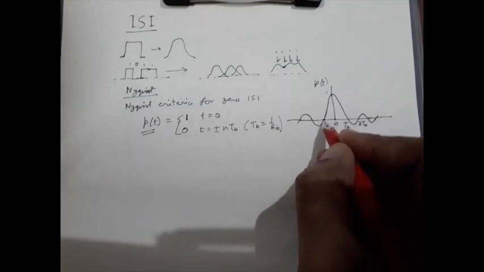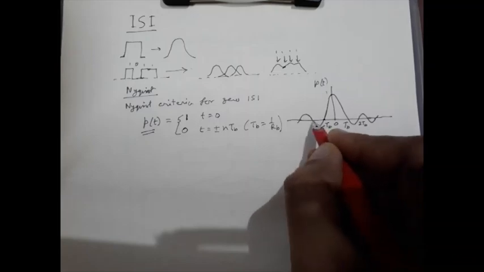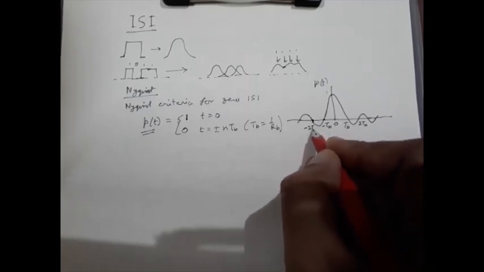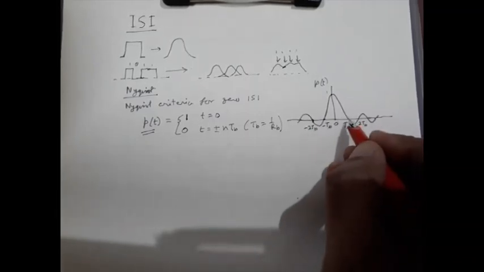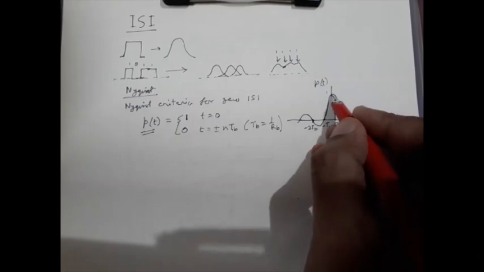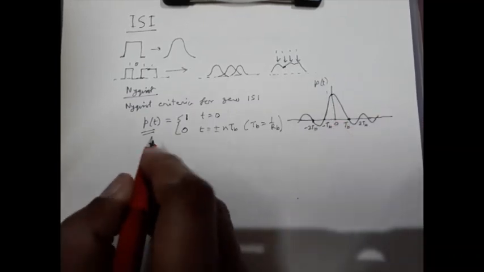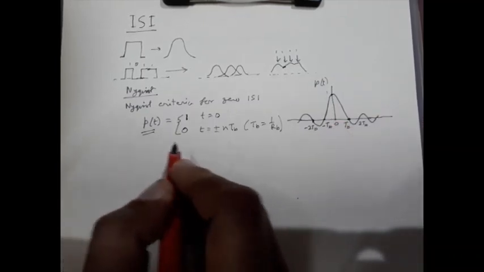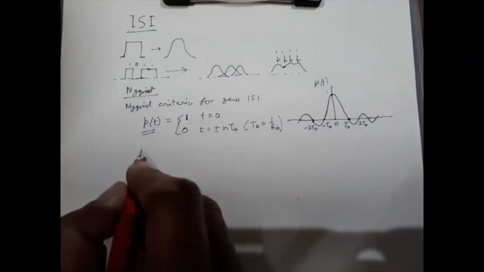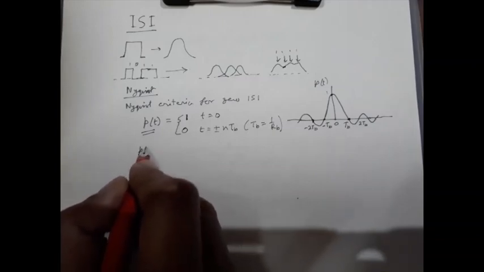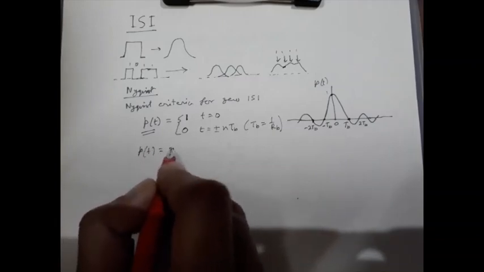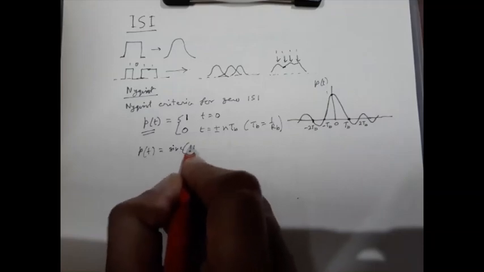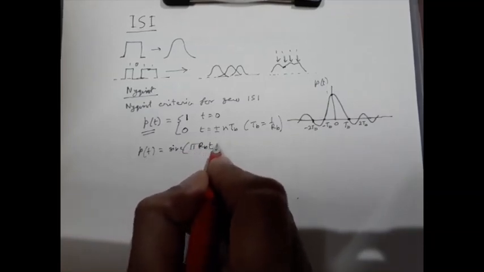This is 0, minus Tb, minus 2Tb, etc. So as you can see, the sinc pulse can be written as, say, p(t) equal to sinc(pi Rb t).